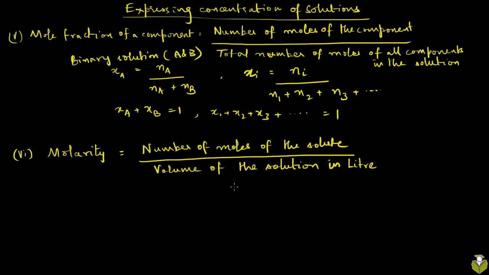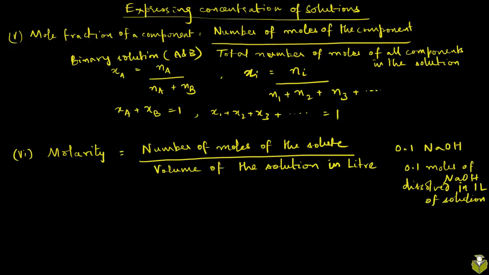So when you say, for example, 0.1 molar NaOH in water, what it means is 0.1 moles of NaOH dissolved in 1 liter of water or 1 liter of solution.